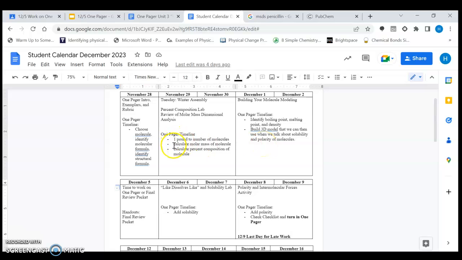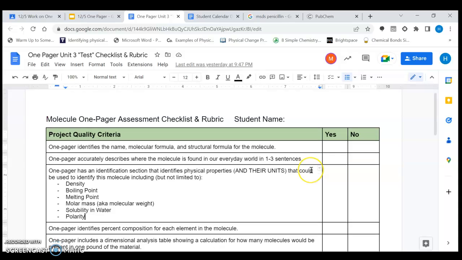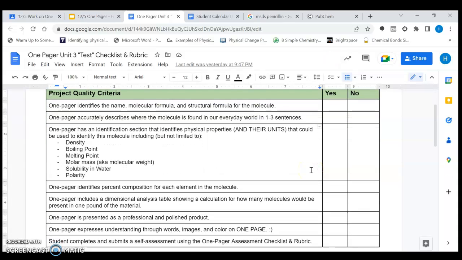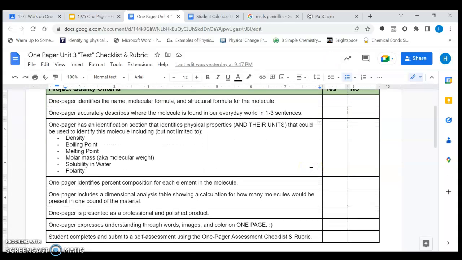We moved the 1 pound to number of molecules that was supposed to be on the first block day to here at the second block day. But at this point, when we look at the rubric, we have pretty much everything that should be going on the page. So when you're making your one-pager, the idea is that you're fitting everything onto one page.